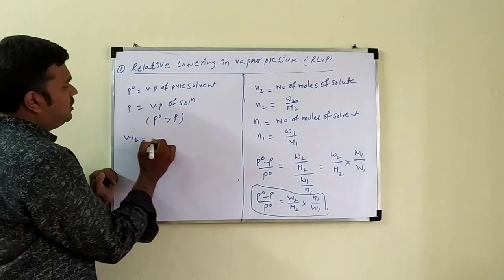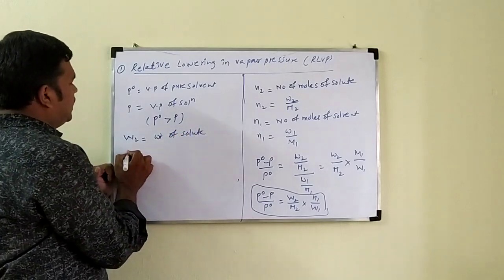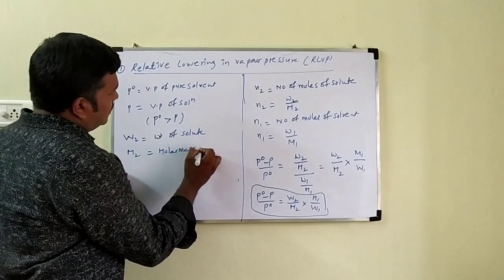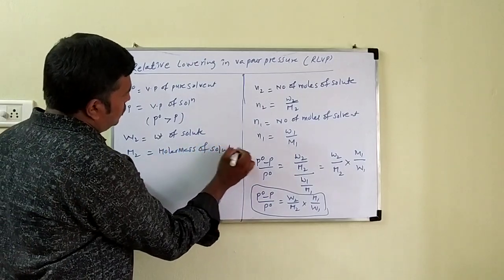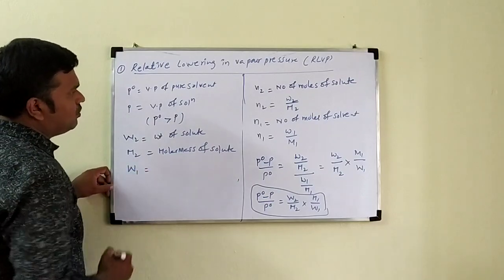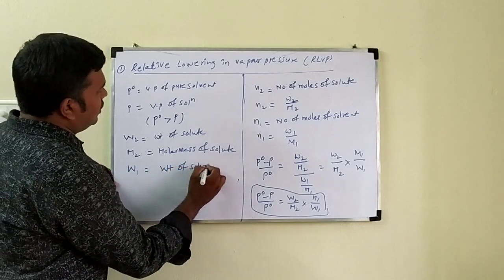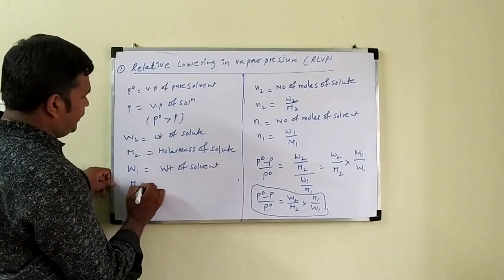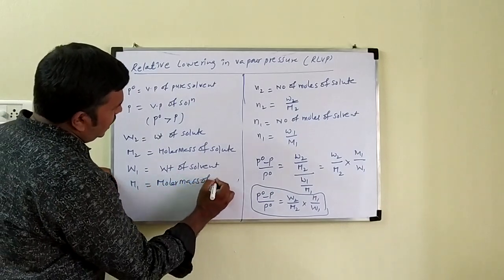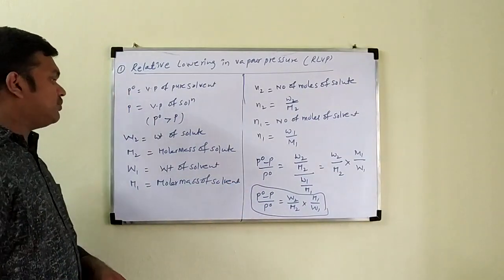Now we can see here W2. What is W2 here? W2 is equal to weight of solute and M2 is equal to molar mass of solute, and W1 is equal to weight of solvent. M1 is equal to molar mass of solvent. How can you identify the value of solute and solvent?